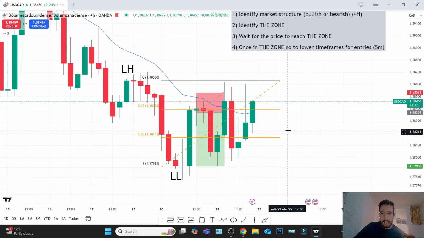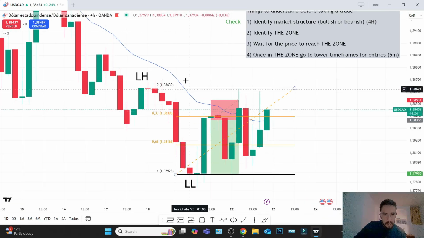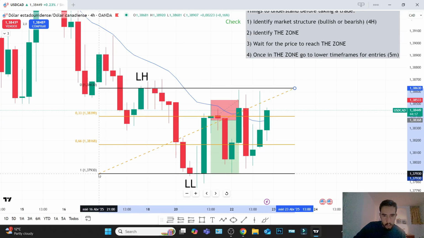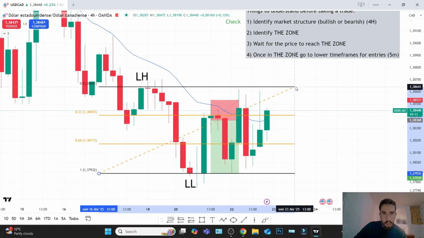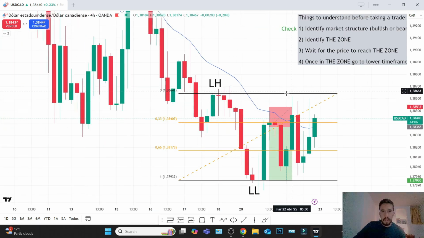So the zone is the point where the price reacts either way. If it's on top, it bounces back to the top, or if it's below, it bounces back to the bottom. I like to use this Fibonacci retracement to know where is my lower low and where is my lower high, or if it's bullish, my higher low and higher high.